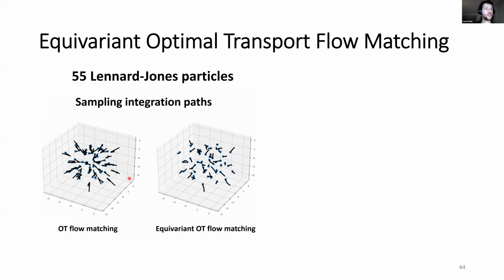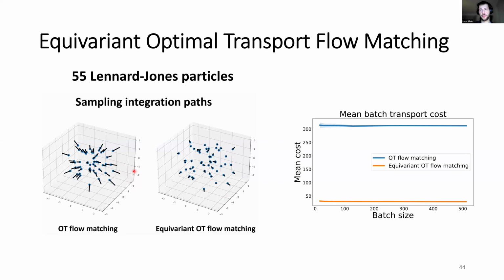Here on the left, you can see again that along this integration path the direction changes, while on the right, the model trained with equivariant optimal transport flow matching has a significantly straighter path. And again, this is because during training, the transport costs were much higher with optimal transport flow matching.